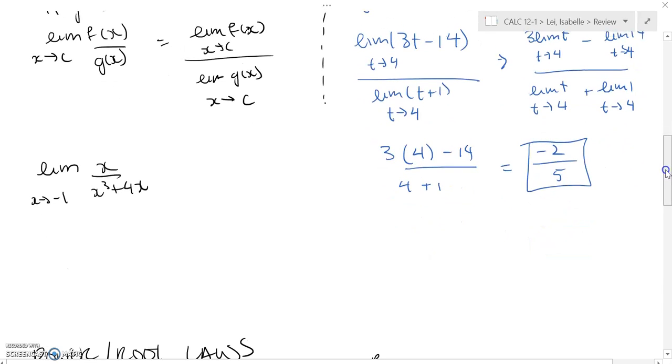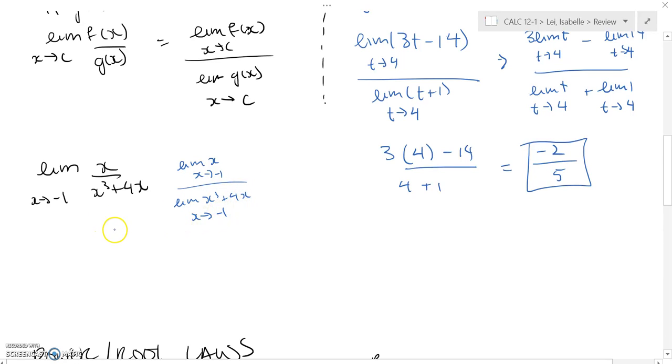Another question that involves the quotient law is the limit of x over x cubed plus 4x as x approaches negative 1. So we can once again break this up into the limit of x as x approaches negative 1 all over the limit of x cubed plus 4x as x approaches negative 1.